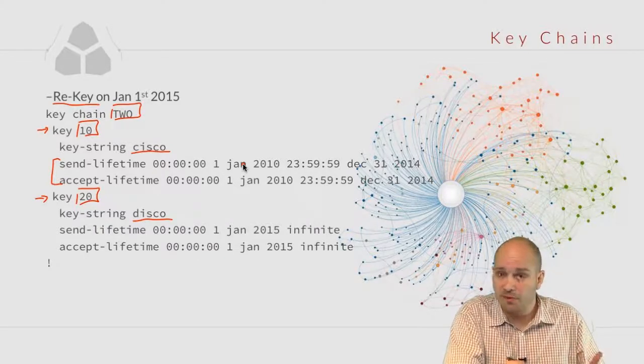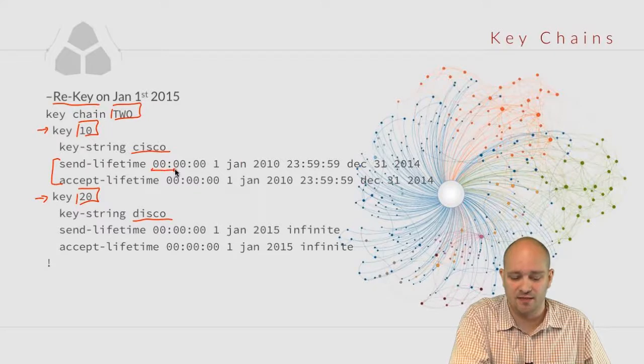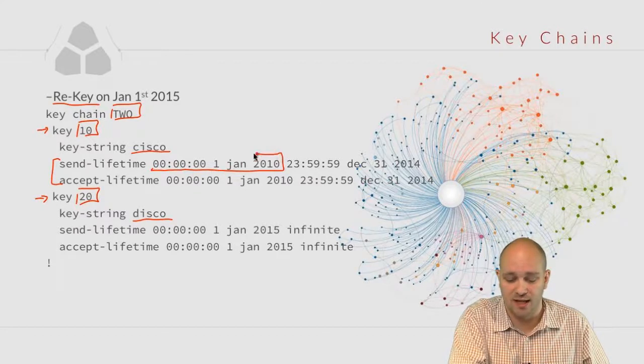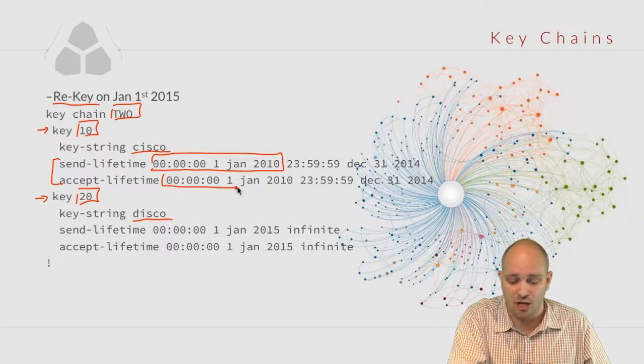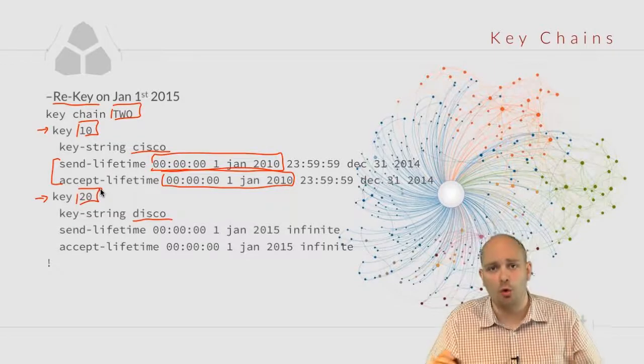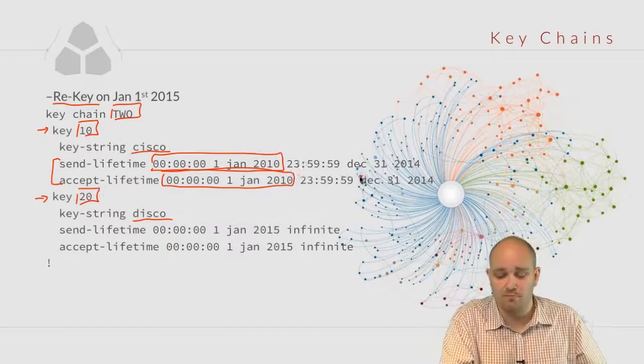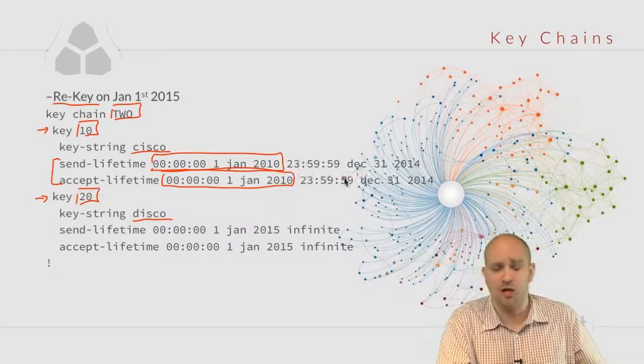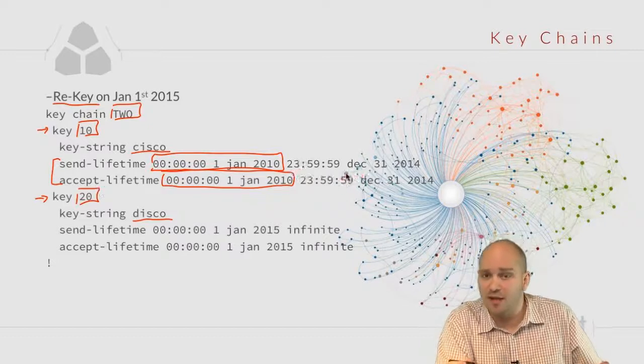Now, remember that in the previous example, I had a key that started its validity on January 1st, 2010. So this doesn't change. I want this key to be valid from January 1st, 2010, and then I want it to no longer be valid after the midnight on January 1st, 2015. When does the midnight begin?